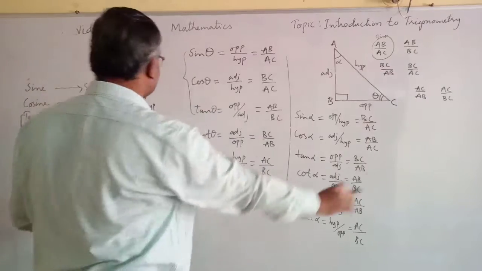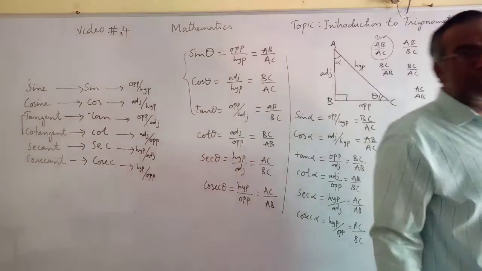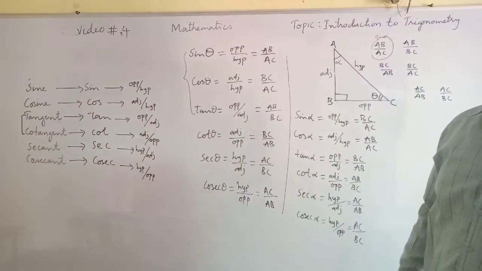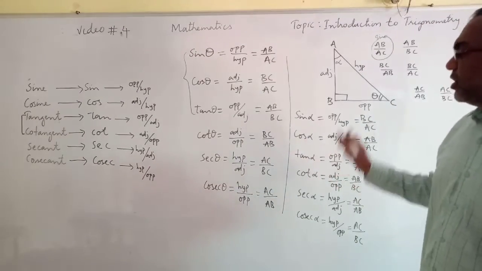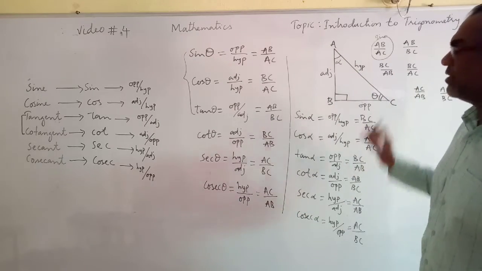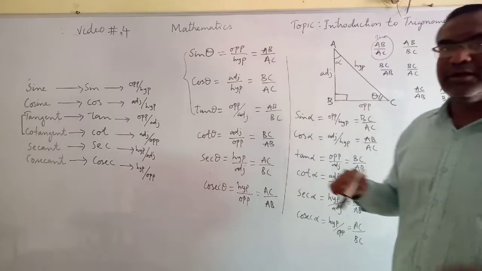So this is all about the basics of trigonometry. This is very important. If you know this well, then the remaining things in trigonometry will become easy for you. You have to be good at these things. Now, we'll see the identities.